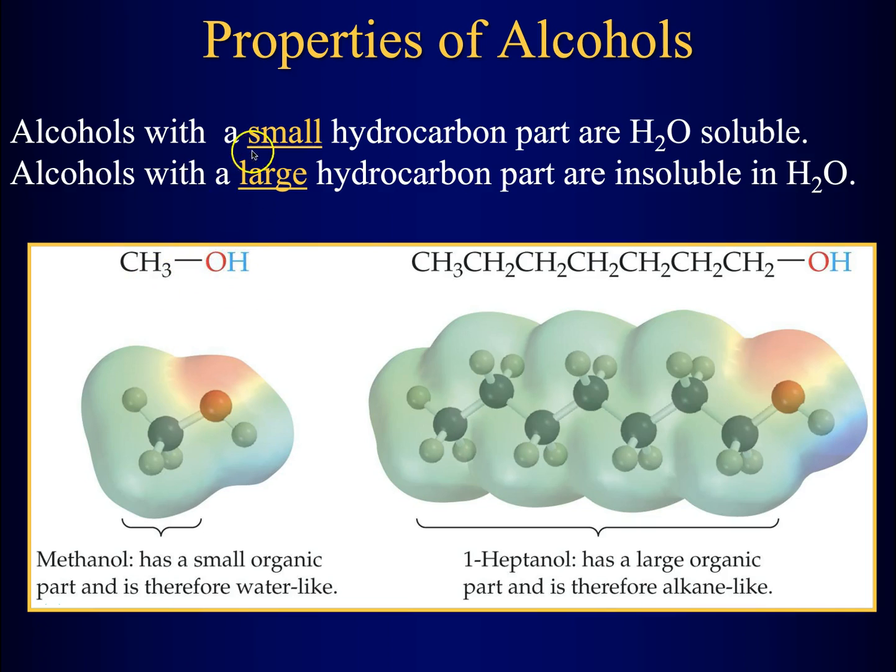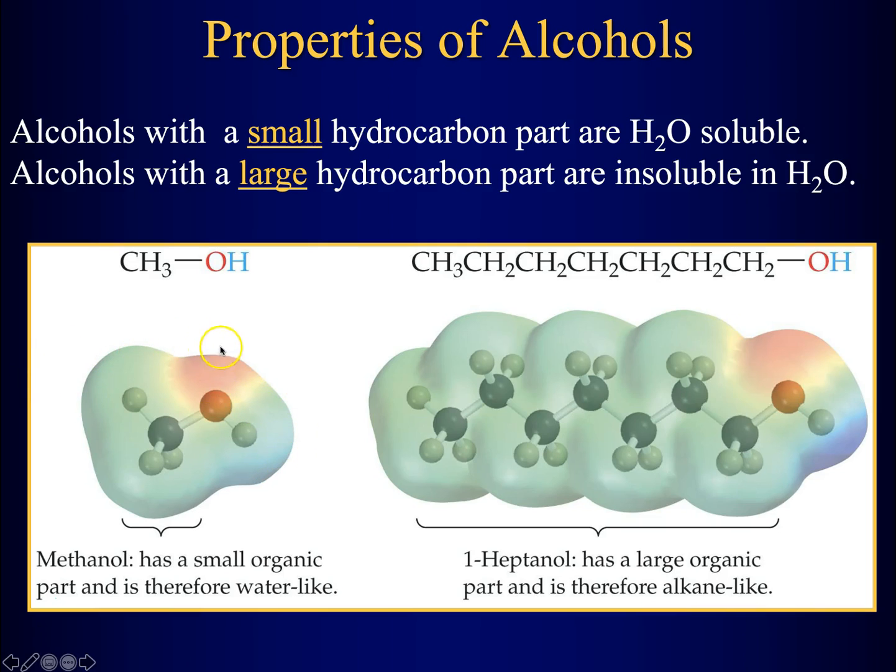Notice that when we look at the electron densities of the molecules, the oxygen is red, red meaning a negatively charged part of the compound. The greens are pretty neutral parts of the compound, and the blues show a more positive part of the compound.